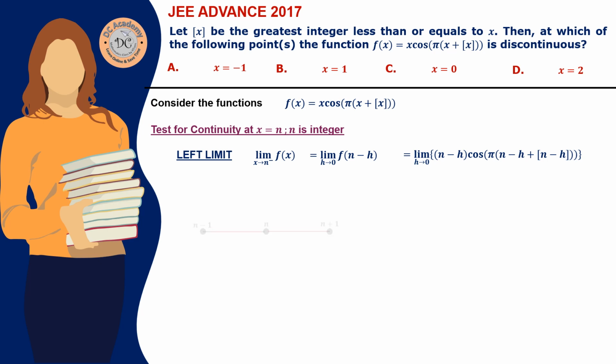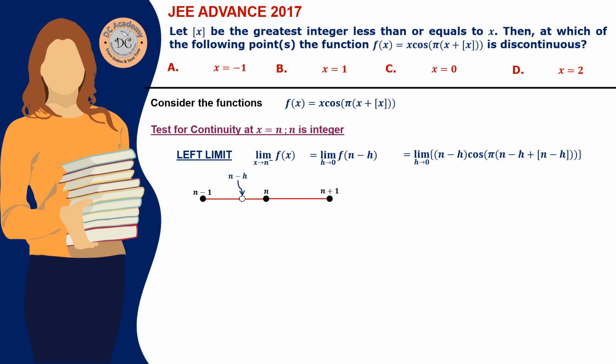To find that, we consider three consecutive integers: n minus 1, n, and n plus 1. Between these values, we can see that n minus h, where h is greater than 0, must lie between n minus 1 and n. Therefore, the greatest integer function of n minus h will definitely be n minus 1.